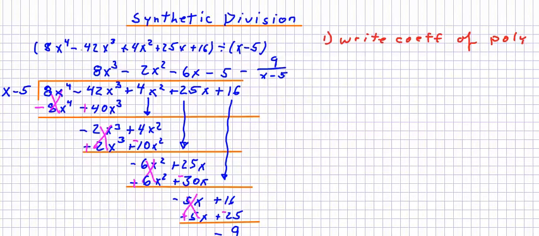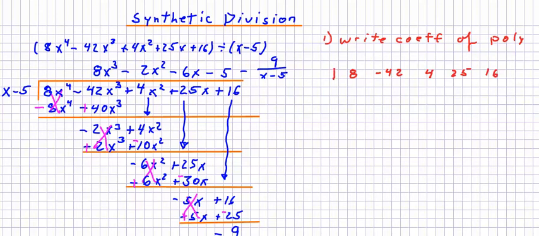So we have 8, negative 42, 4, 25, and 16.